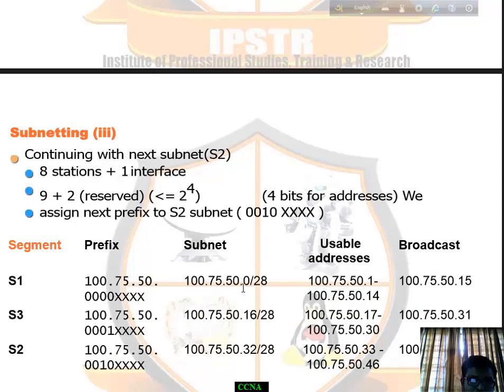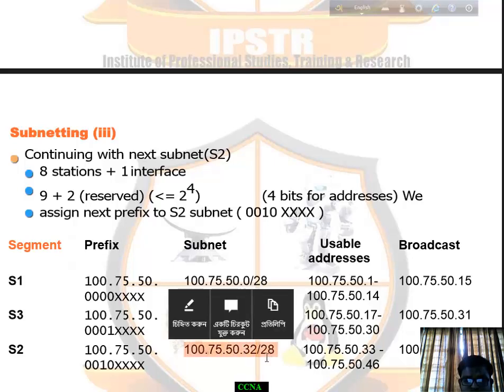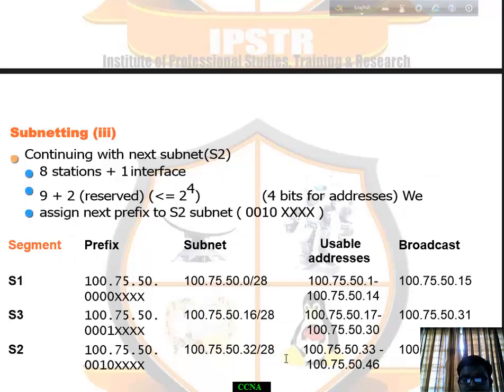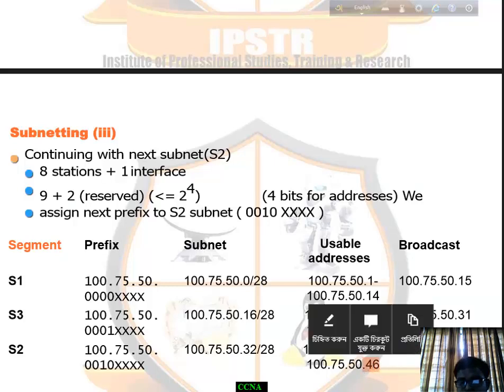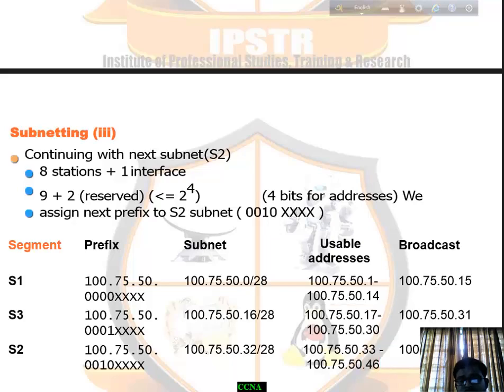So according to S1 and S3, we calculate the S2 network. 31 was the broadcast for S3, and 32 is the network for S2 topology, and 33 to 46 are the usable IPs, and 47 will be the broadcast.